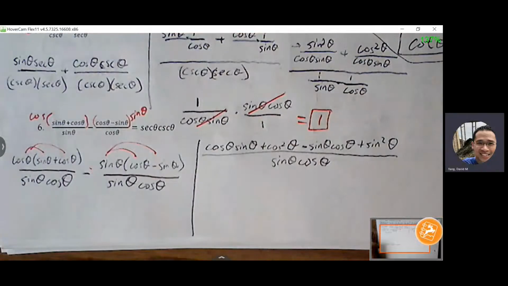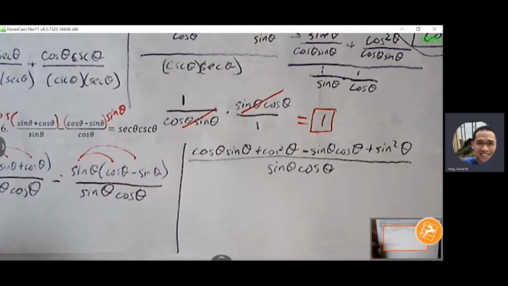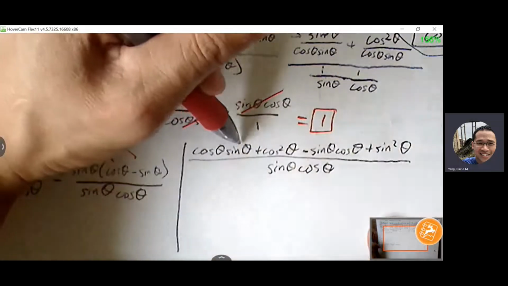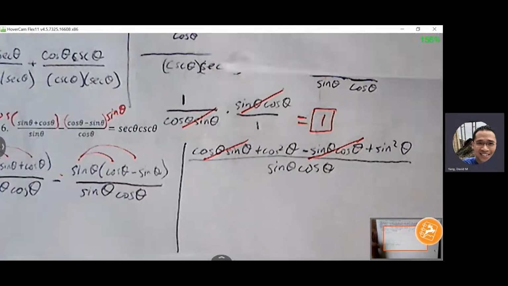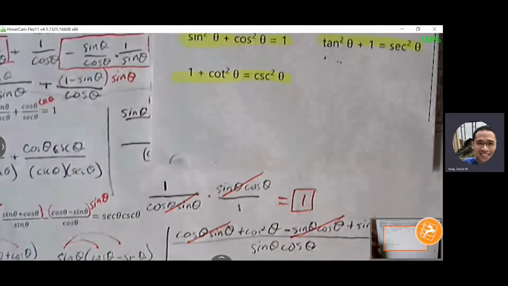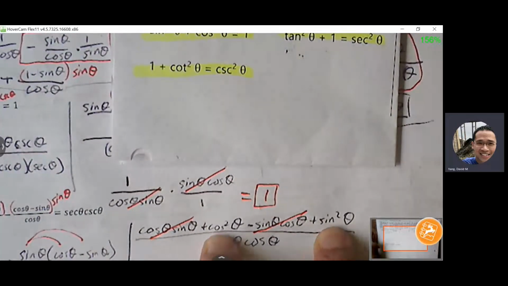Okay, we're hoping that the numerator will just clean up very nicely for us. Let's see what happens. What do you guys see here? Good. Those go away. Good. Pythagorean identity, right? We have cosine squared plus sine squared. That's equal to 1.